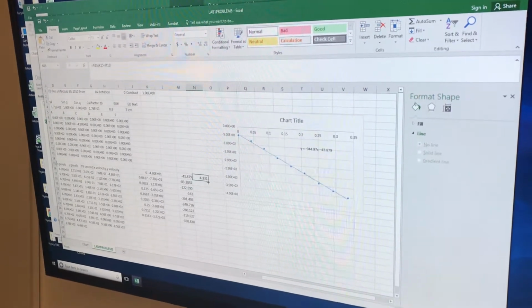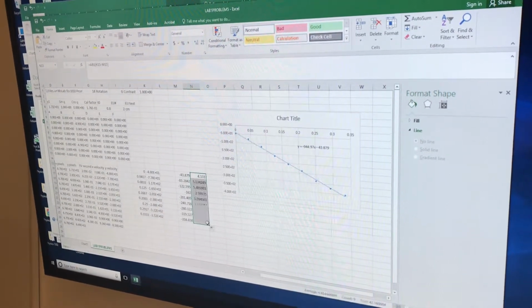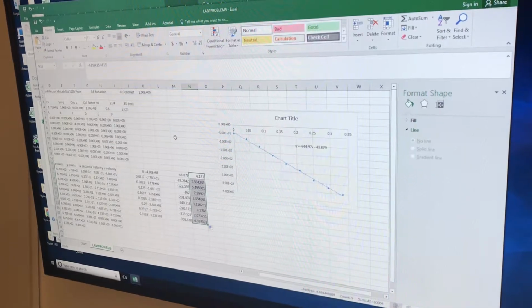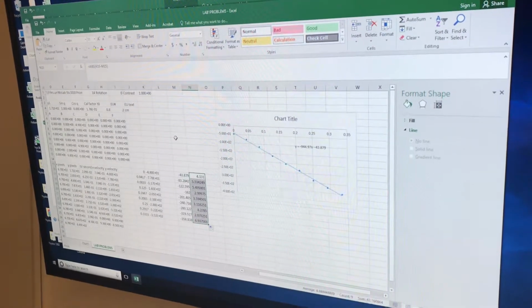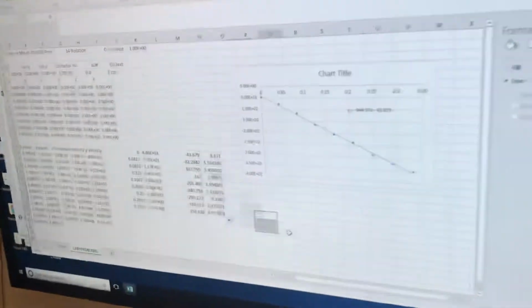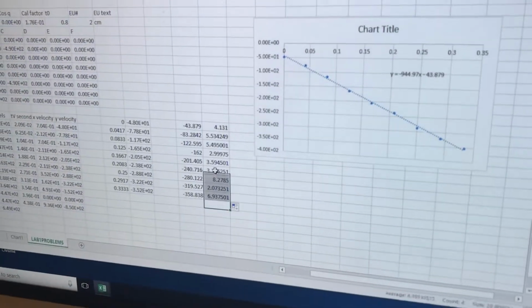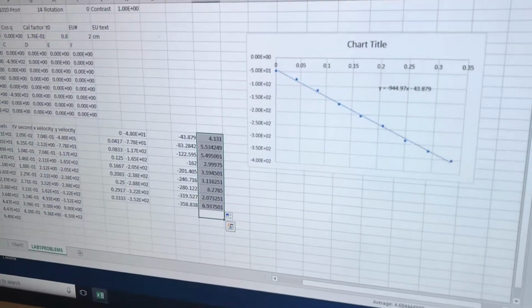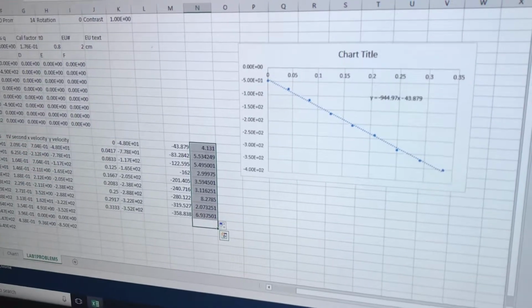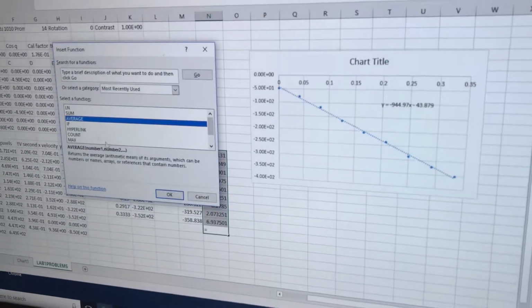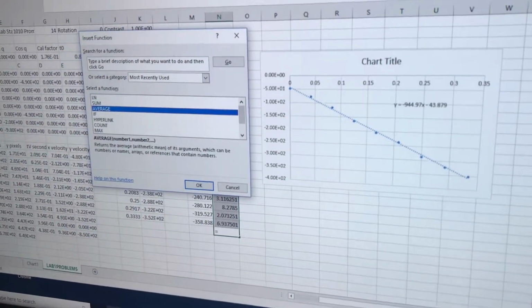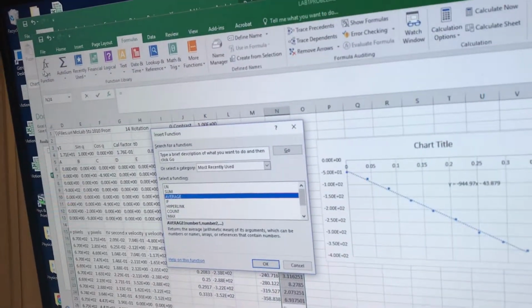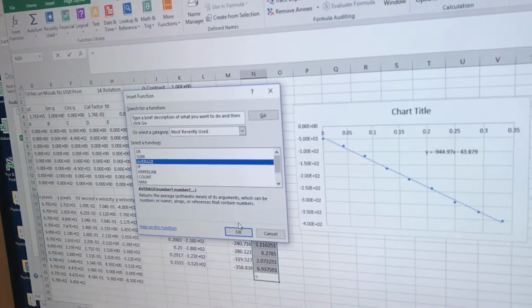Okay, so now we have a bunch of values for how much it differed from where it should be on the fit line. So now the last thing that you need to do is just take the average of those values, like so. So I'm just going to formulas, insert function, and then average.